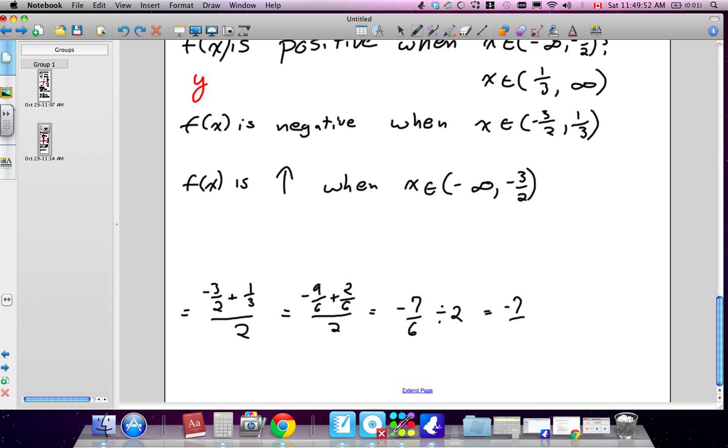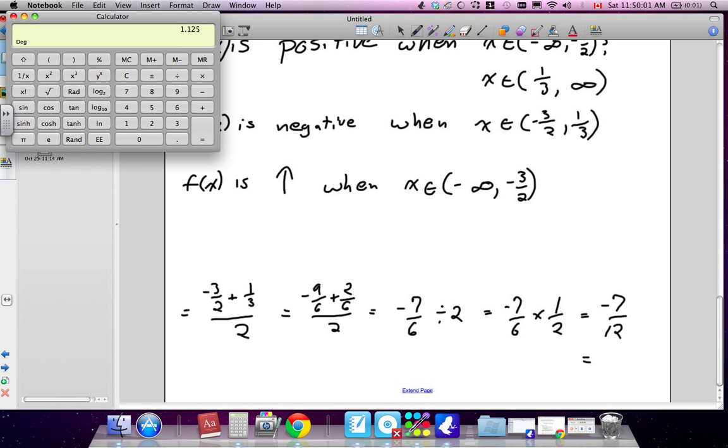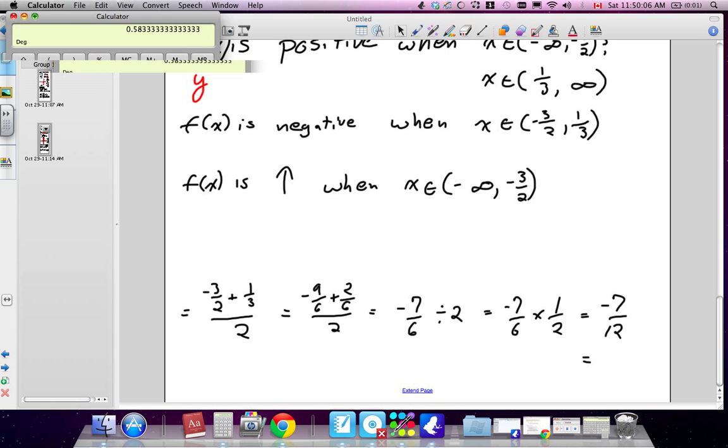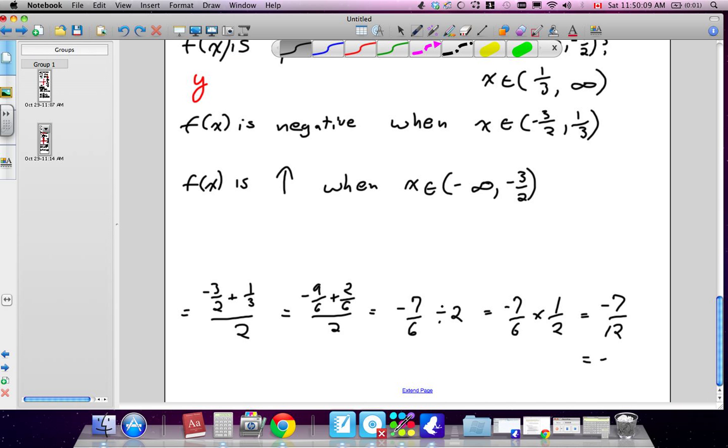Does that make sense to you? Yeah. Okay. Which is then going to be multiplied by half, yeah, negative 7 over 6, so negative 7 over 12. Which as a decimal, just so we can make sense of this, 7 divided by 12, is 0.583 repeated. So a really small number.